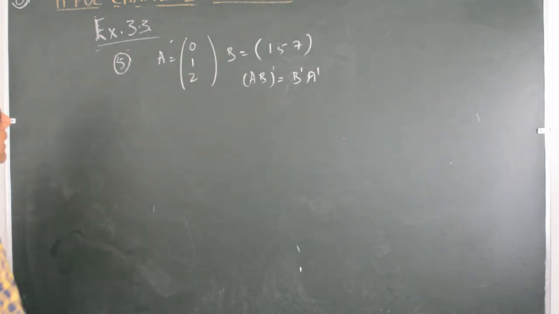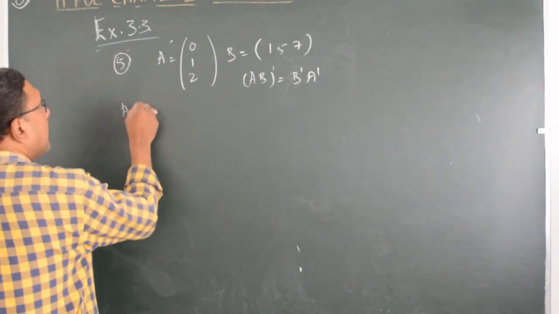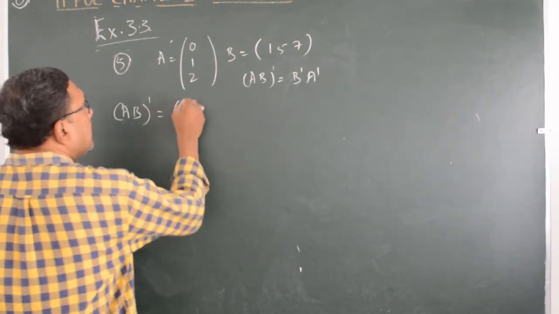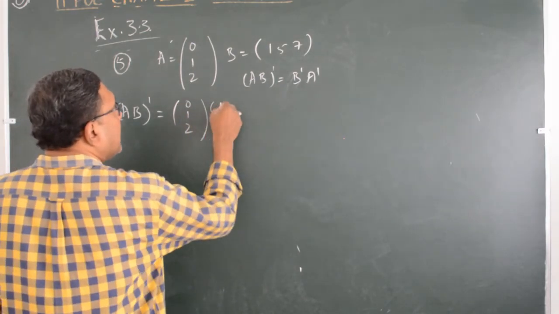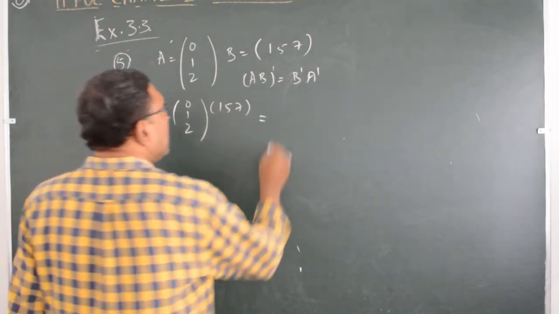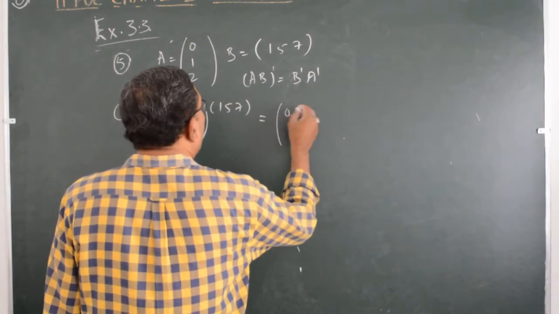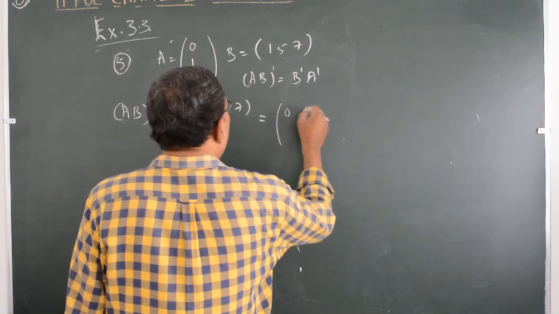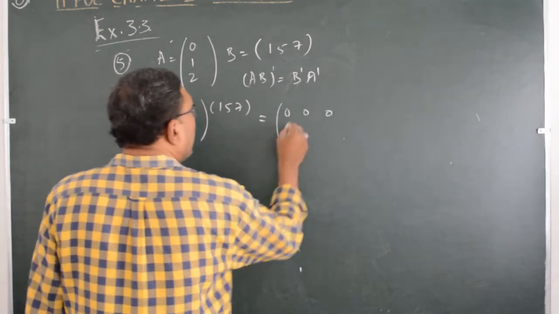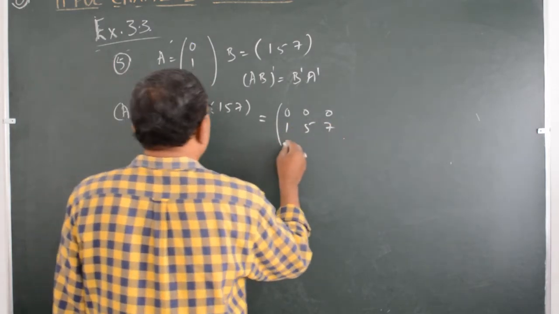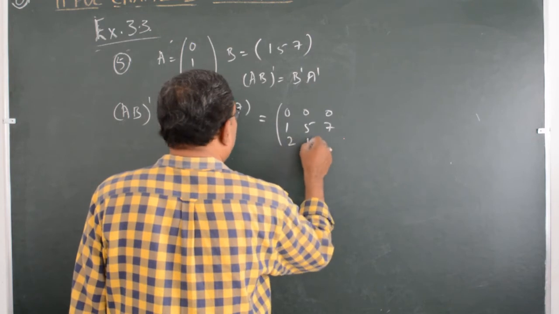Let's take the LHS, AB transpose. First take A is 0, 1, 2 and my B is 1 5 7. I will do multiplication first, which is 0 into 1 5 7, 0 0 0, and 1 into 1, 1 into 5, 1 into 7, and 2 into 1, 2, 10 and 14.